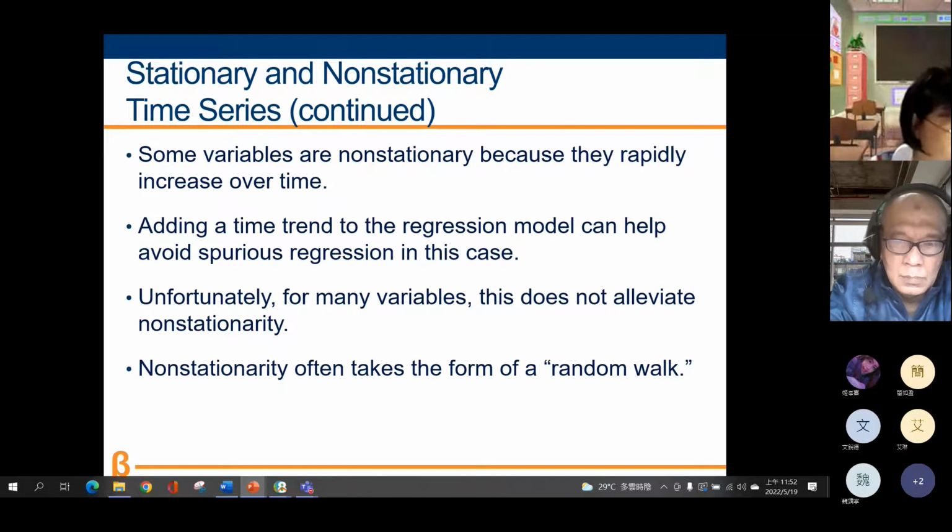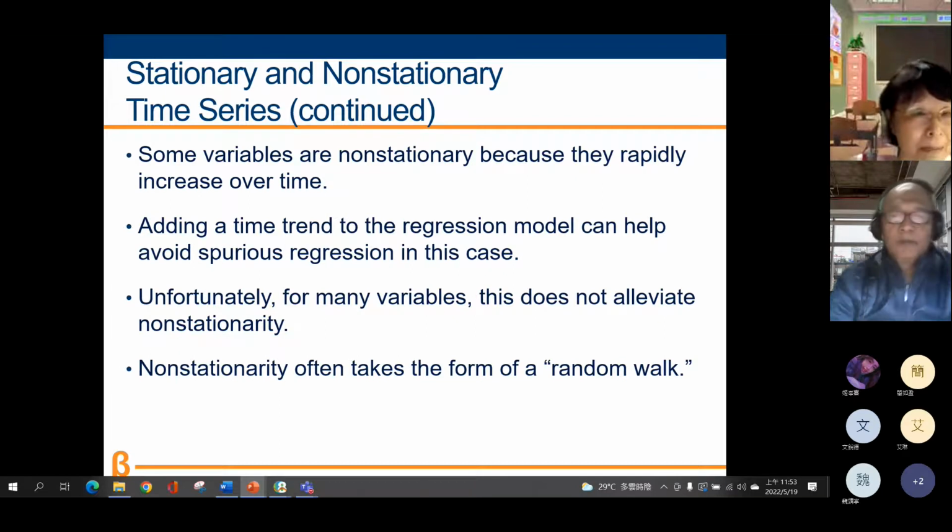If you happen to have a variable which is non-stationary because of rapid increase, then one way to solve the problem is just to add one time trend variable into the regression model. What do we mean by a time trend variable? It means we put in another variable named time.